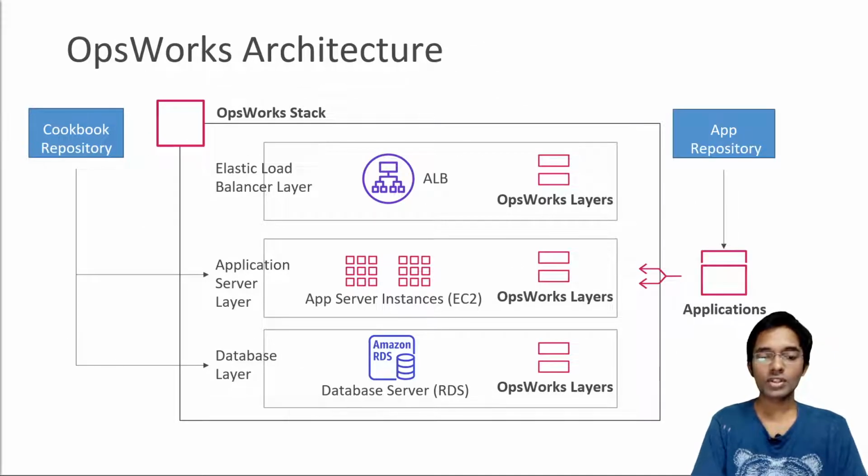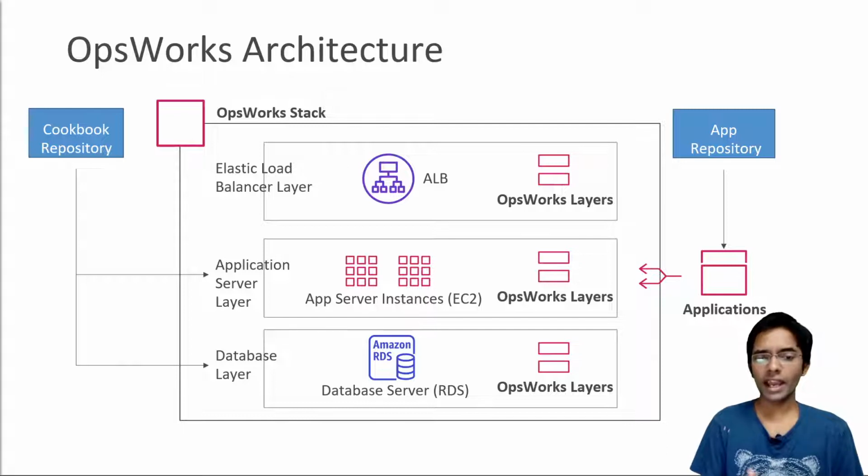Okay, so let's consider a simple OpsWorks architecture. You have something called an OpsWorks stack, which represents a bunch of layers, and each of these layers can be different. Here is an elastic load balancer layer, where we have an application load balancer managed by OpsWorks.